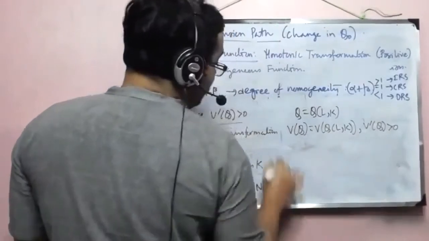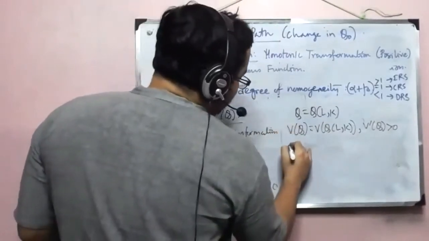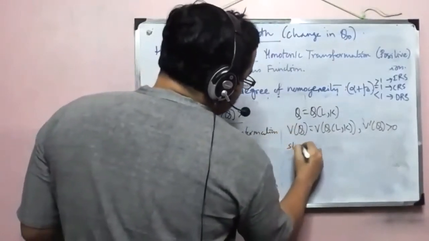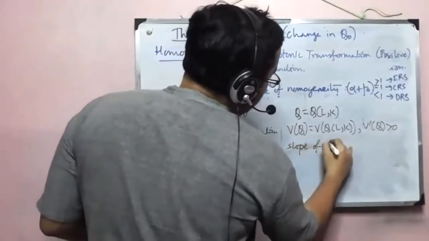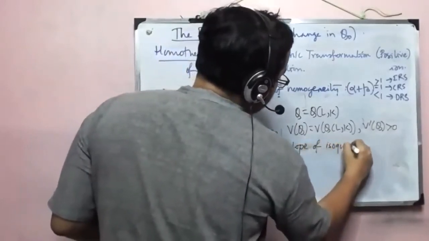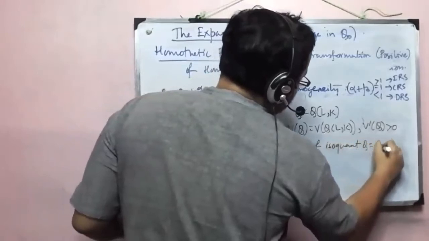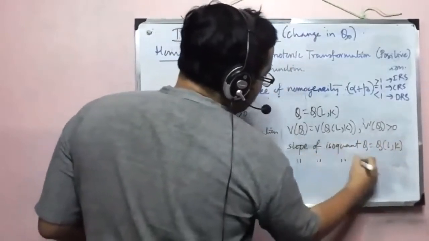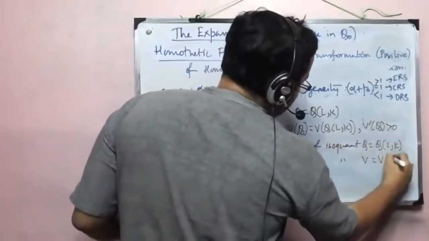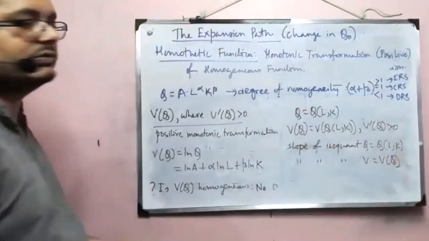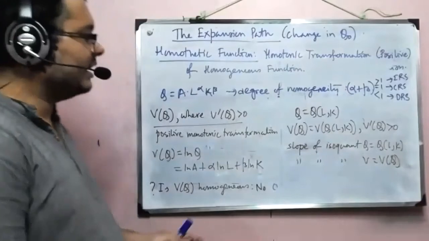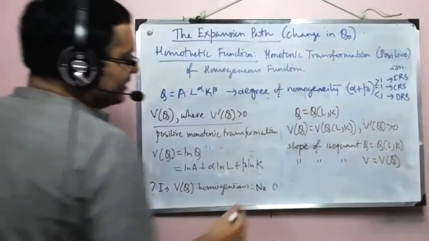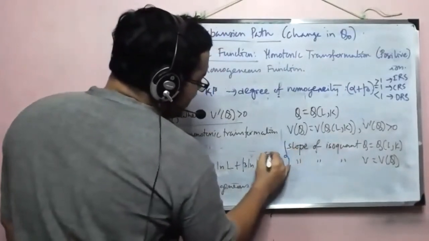Now if I try to find the slope of the isoquant Q equal to Q of L comma K and the slope of the isoquant V equal to V of Q, what will I observe? I will observe that these slopes are the same.